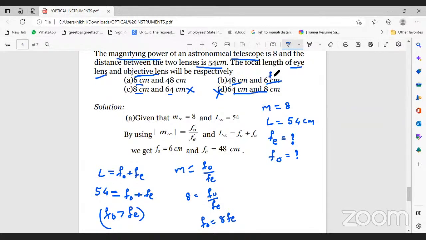This is the focal length of objective, this is the focal length of eyepiece. Focal length of objective lens should be more, no? So which is the right option? Option A. Yes, sir. You got my trick, reverse calculation? Yes or no?